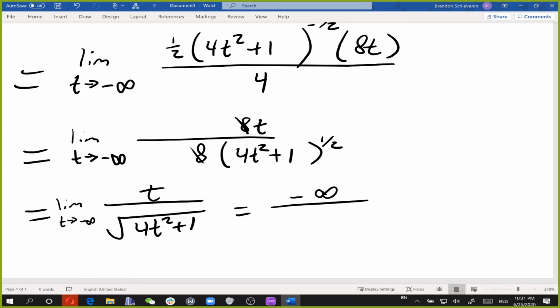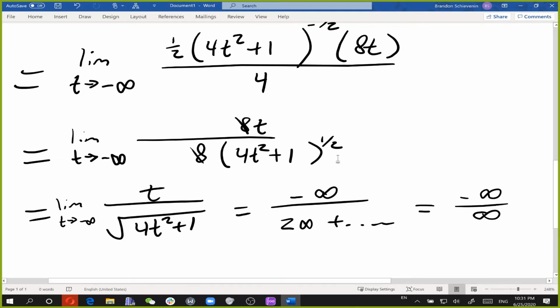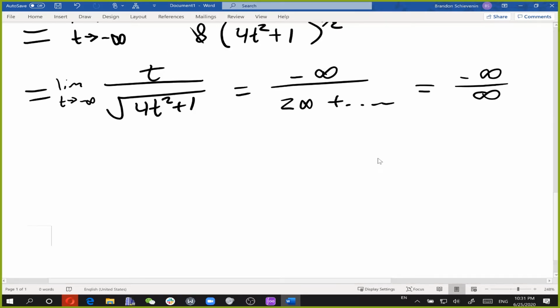On bottom, I'll have the square root of 4 is 2 times negative infinity squared is positive infinity. Squared underneath the square root is positive infinity plus something is still negative infinity over infinity. I could technically do L'Hospital's rule again. I don't know if this is going to simplify to something that I can solve without our limits at infinity rule. So I'll try it one more time and we'll see.